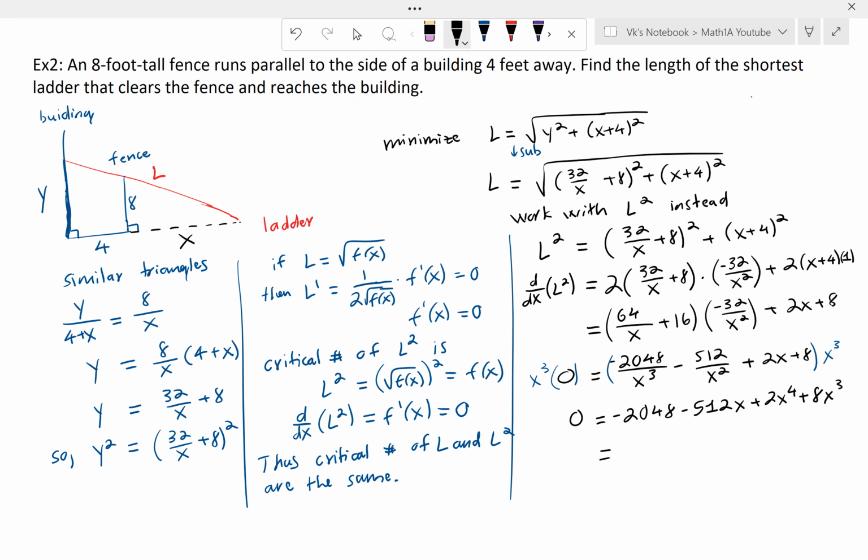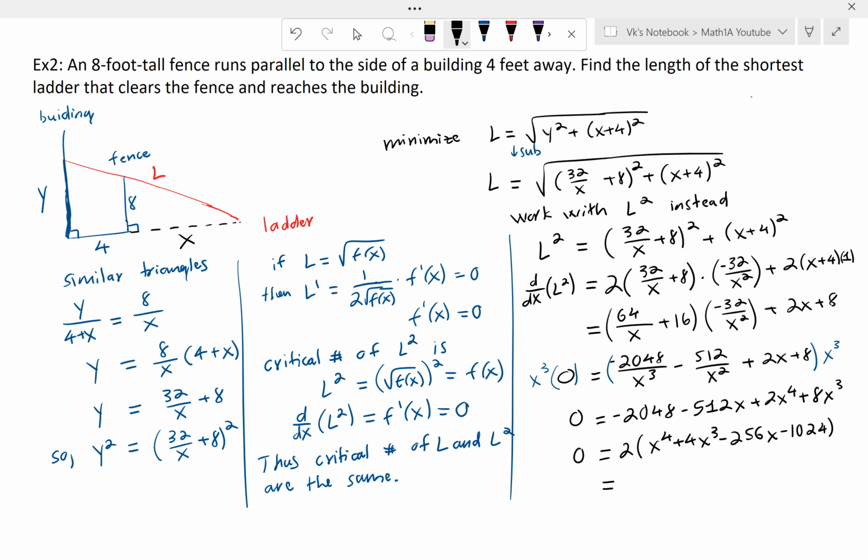And from here, we can factor out the 2: x to the 4 plus 4x cubed minus 256x minus 1024.